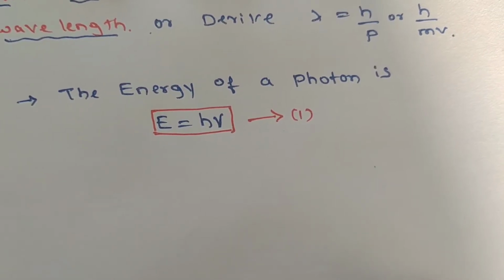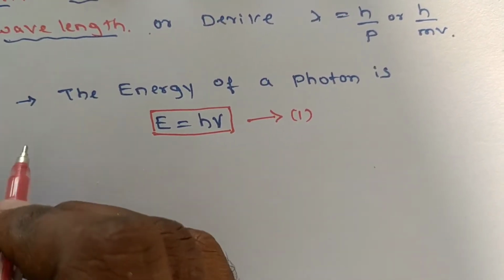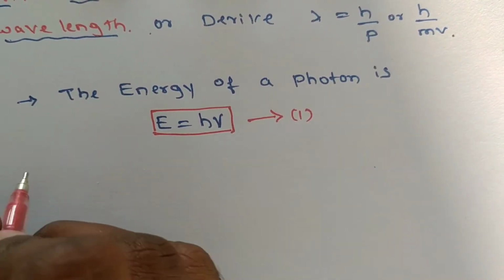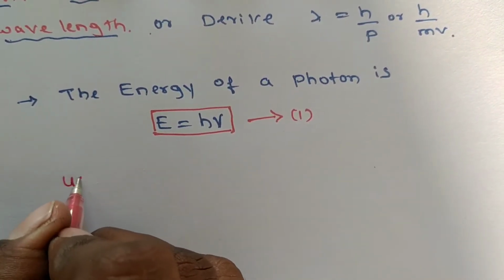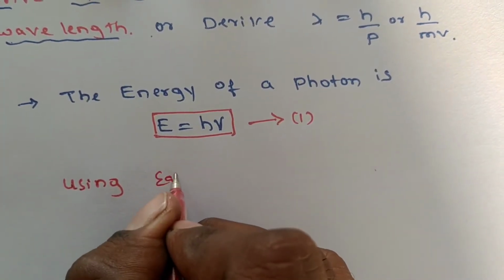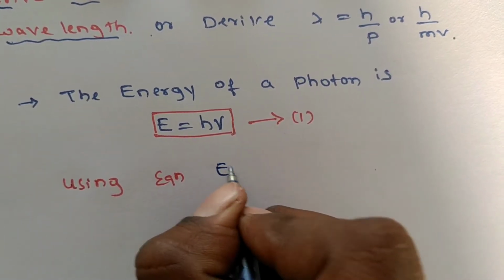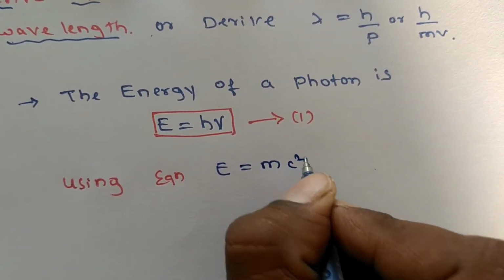Then if a photon is regarded as a particle of mass m, its energy is converted in terms of mass by considering the theory of relativity equation. Using Einstein theory of relativity, equation E is equal to mc square.